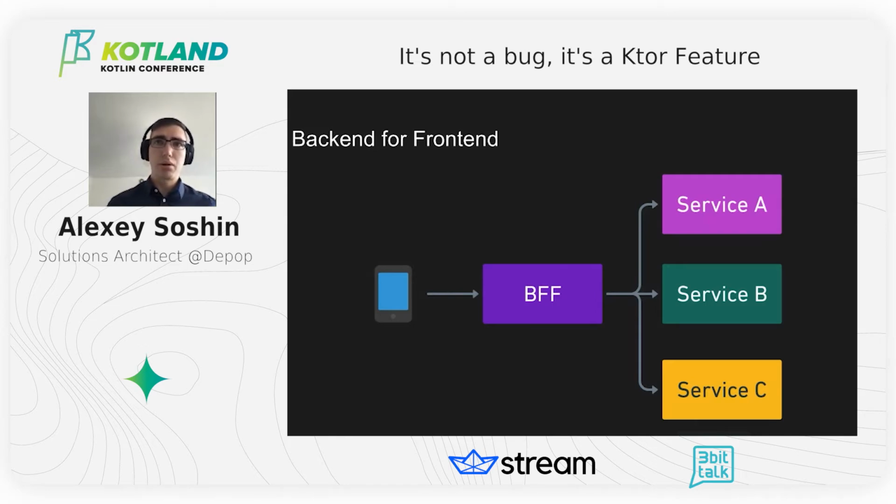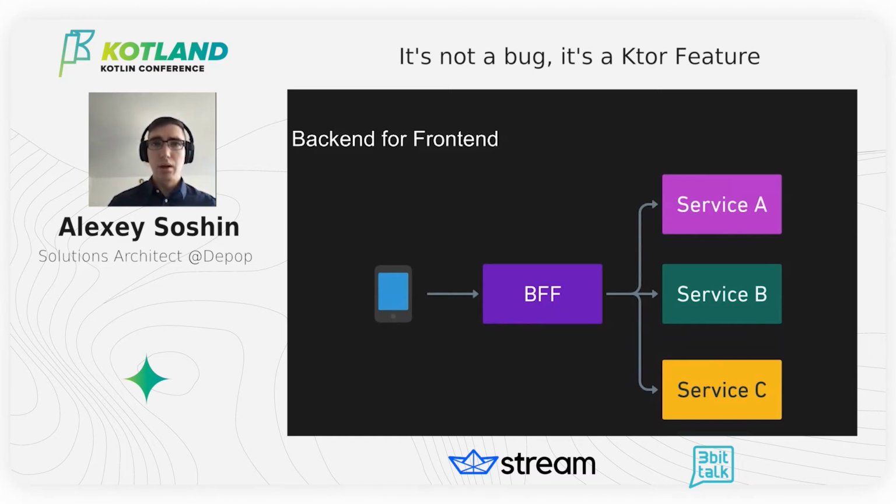Each of the backend for front-end services will receive a call from a mobile or from a web application and will reach out to multiple internal services. So the goal of the backend for frontend is first to proxy the calls to other services, then to combine the response and return it in the right format for the device.